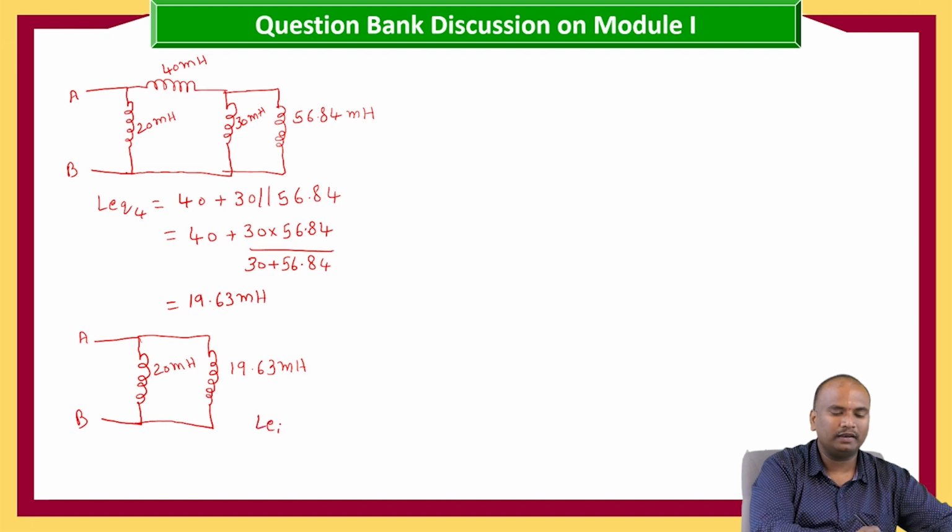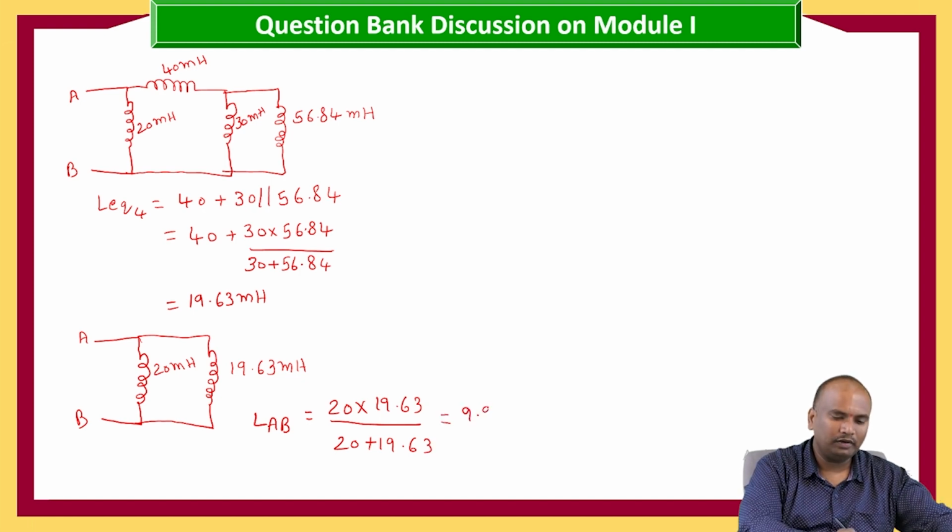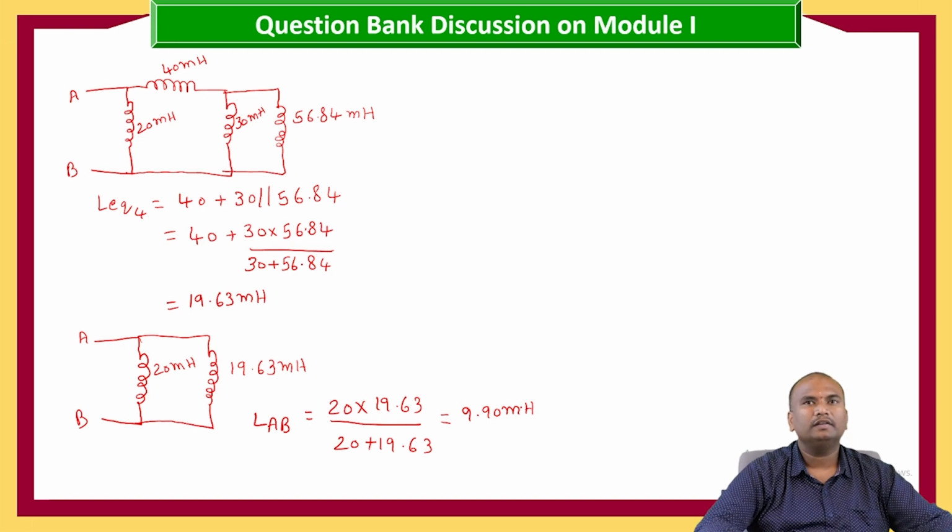So LAB is equal to 20 in parallel with 19.63, 20 into 19.63 by 20 plus 19.63, which is 9.90 millihenry. This is our equivalent inductance for the given circuit.